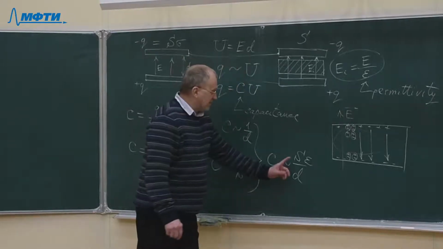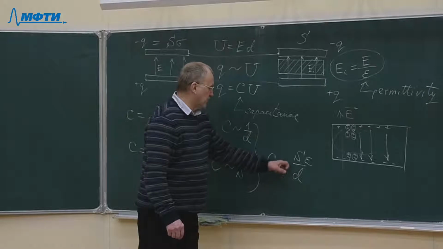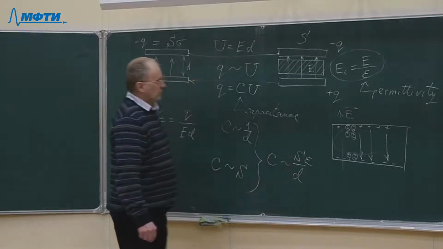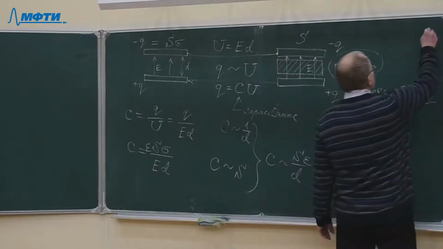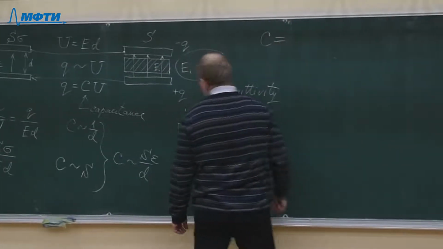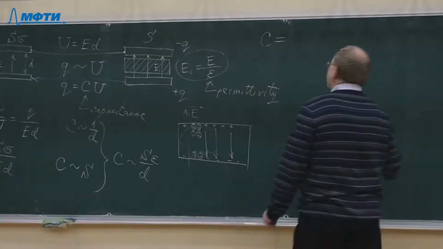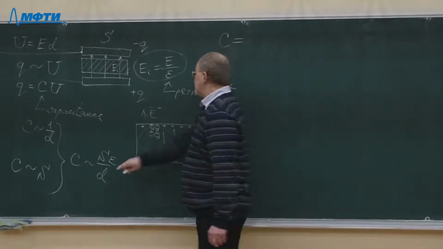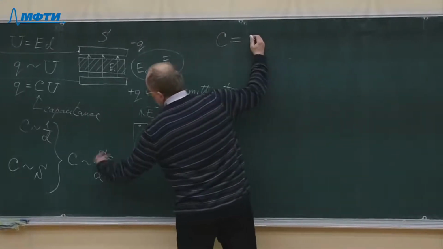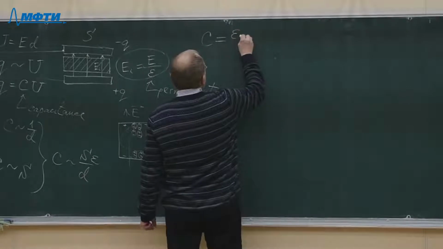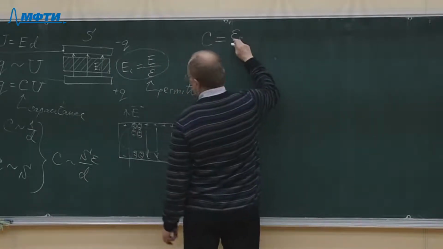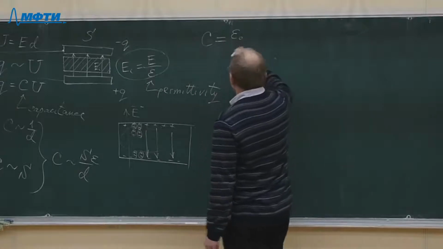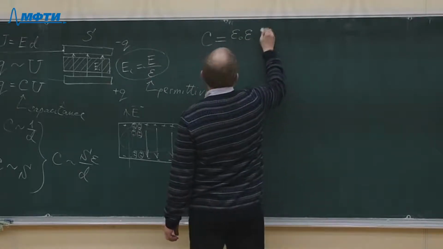There must be some additional coefficient here, and I can tell you that this additional coefficient is very simple. If you carry out detailed calculations, you will obtain that the additional coefficient in this formula is the electric constant, or vacuum electric permittivity, as it is sometimes called. So the final formula will be this.